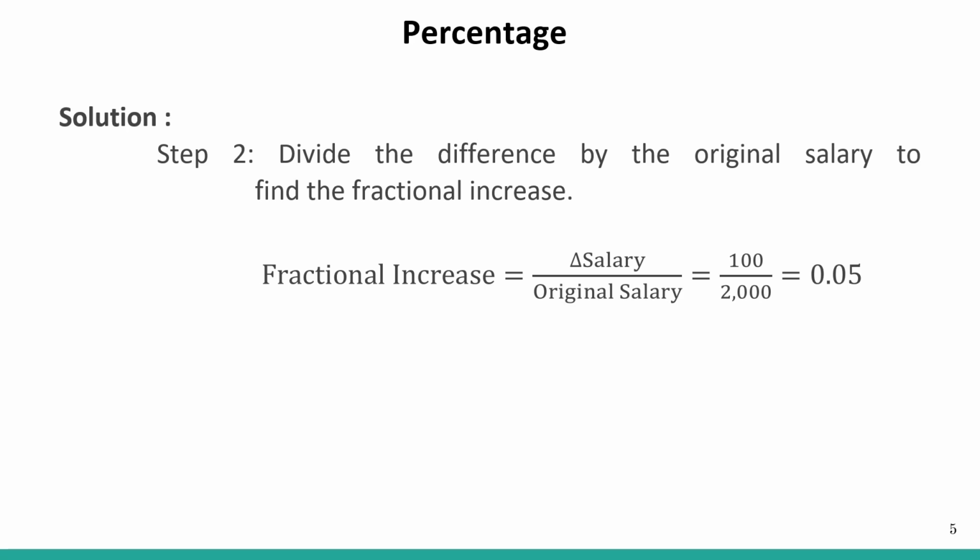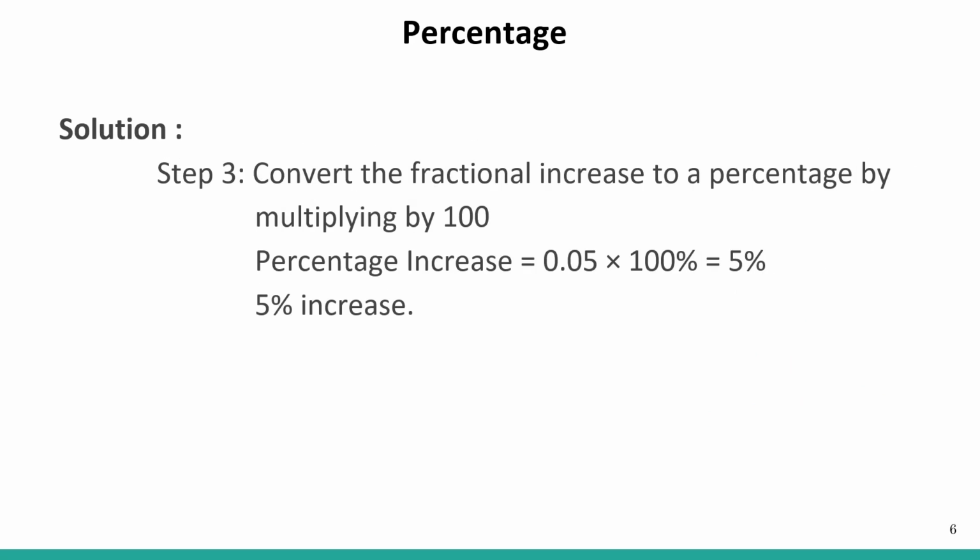The fractional increase was 100 by 2000, that is 0.05. Converting this to a percentage, we multiply 0.05 into 100, which is equal to 5%. Next step: convert the fractional increase to a percentage by multiplying by 100. We already did that, and we found that 5% was the increment.